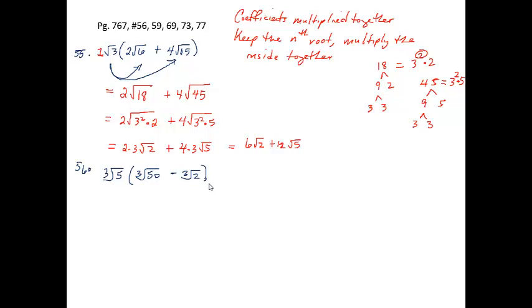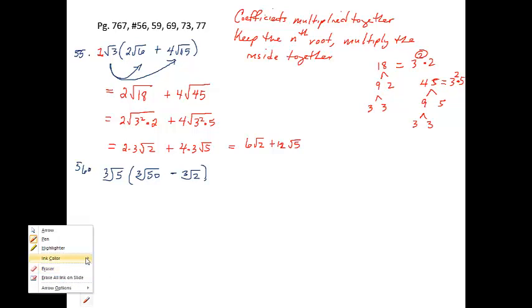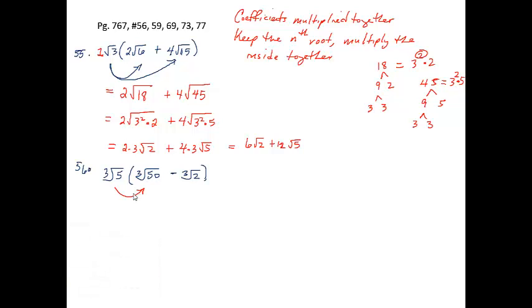Well, again, because the cube root of 5 is on the outside, I must distribute him inside the parentheses. So each term inside the parentheses will be multiplied by the cube root of 5. They are also cube roots, so I'm allowed to do this. The coefficient out here is a 1, and the coefficient here is a 1 as well. So 1 times 1 is still 1.